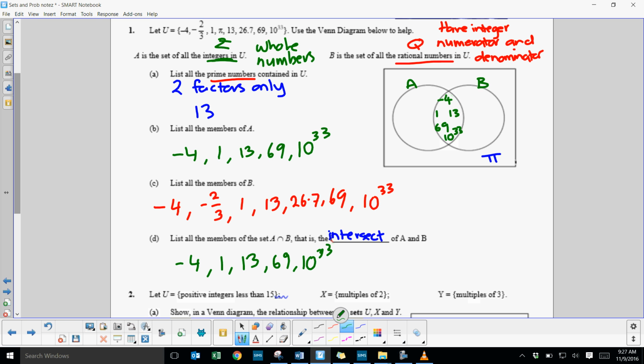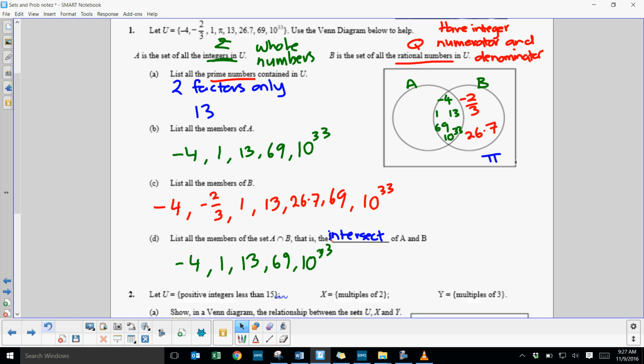Okay, are there any members of A that are not in B? The answer is no. So there's no section out here. But there are some that are part of B but not A, and they would be the fractions. For example, -2/3 and 26.7 are part of B, but they're not part of A. That's why they're not part of the intersect.